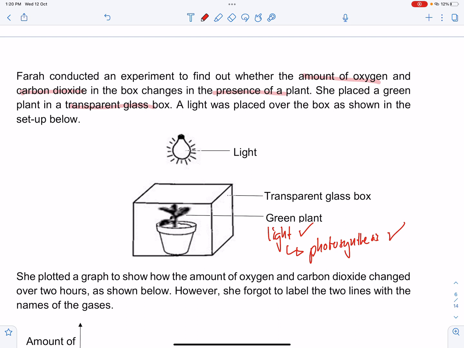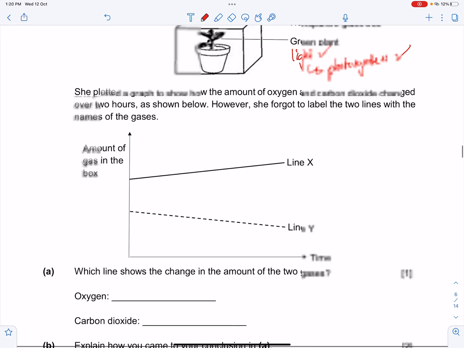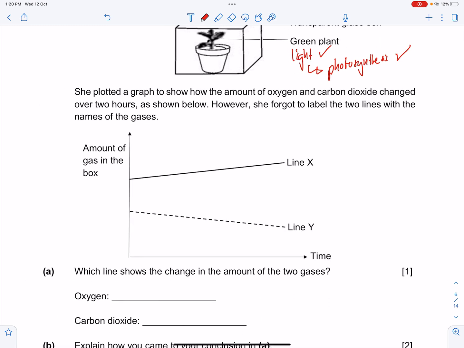At the same time, your oxygen would go up because doing photosynthesis, you will give out oxygen. So let's take a look. Which shows the changes in the amount of the two gases? So like what I explained, X, which is supposed to increase, should be your oxygen. And then Y would be your carbon dioxide because it is given out.